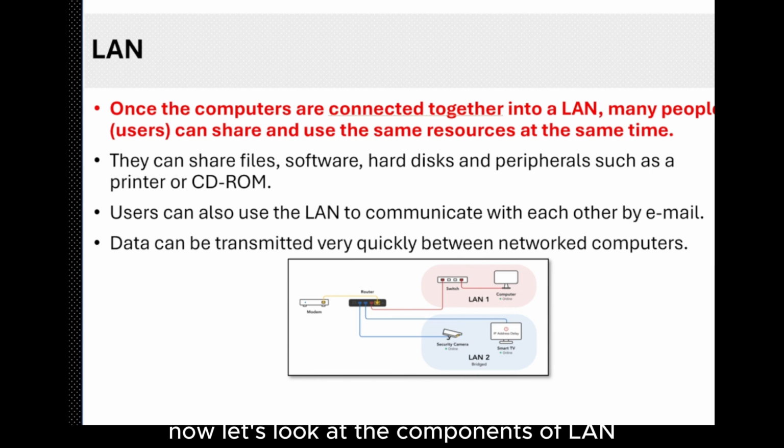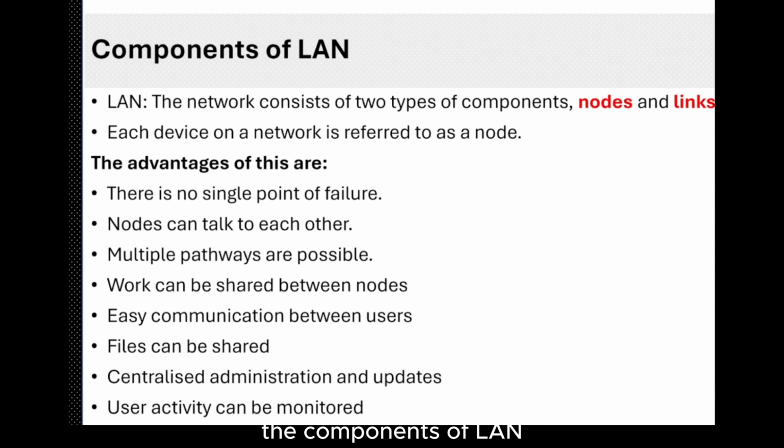Now, let's look at the components of LAN. As I've already mentioned, the LAN consists of two types of components, which is nodes and links. And I've already mentioned what a node is and what a link is. The advantages of this are there is no single point of failure.